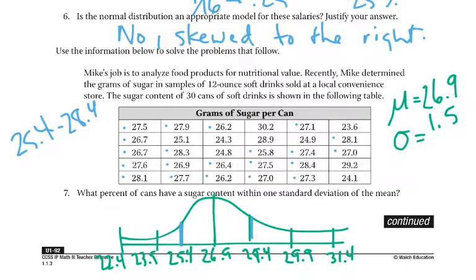Okay, so it'd be 1, 2, 3, 4, 5, 6, 7, 8, 9, 10, 11, 12, 13, 14, 15, 16, 17, 18, 19, 20, 21. So 21 over 30 would give us our percent, which is 0.7 or 70%, which is pretty close to 68. We say it should be 68%, but sometimes with the numbers it doesn't always come exactly to that. Okay, so 70% is what we've got.